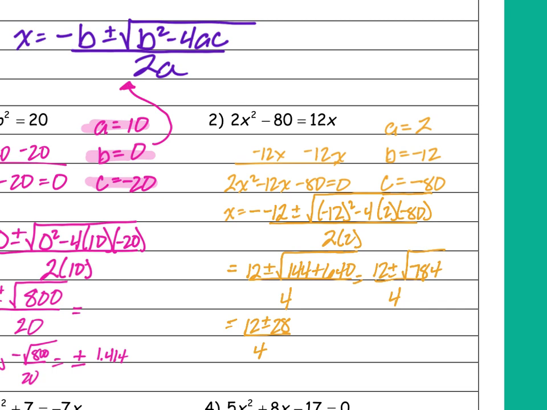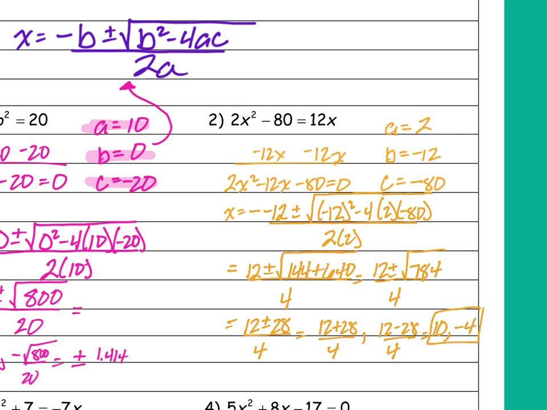So now I have two separate equations. I've got 12 plus 28 divided by 4, and I have 12 minus 28 divided by 4. So now I'm going to figure out what that is. 12 plus 28 is 40, divided by 4 is 10, and 12 minus 28 is negative 16, divided by 4 is negative 4.